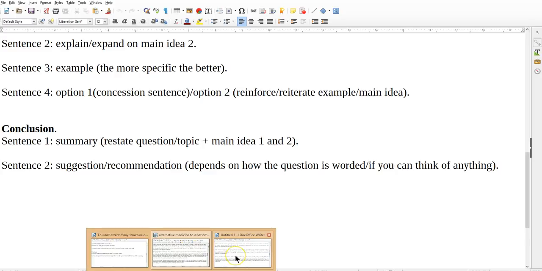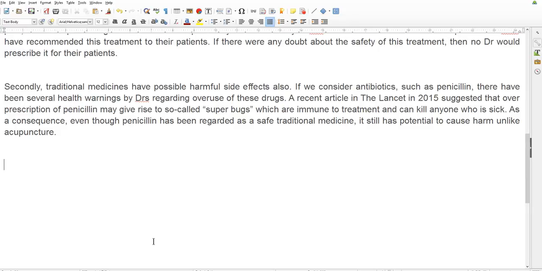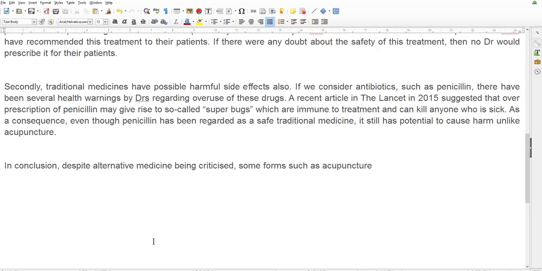So, in conclusion, despite alternative medicine being criticized, some forms such as acupuncture have been proven to be beneficial.